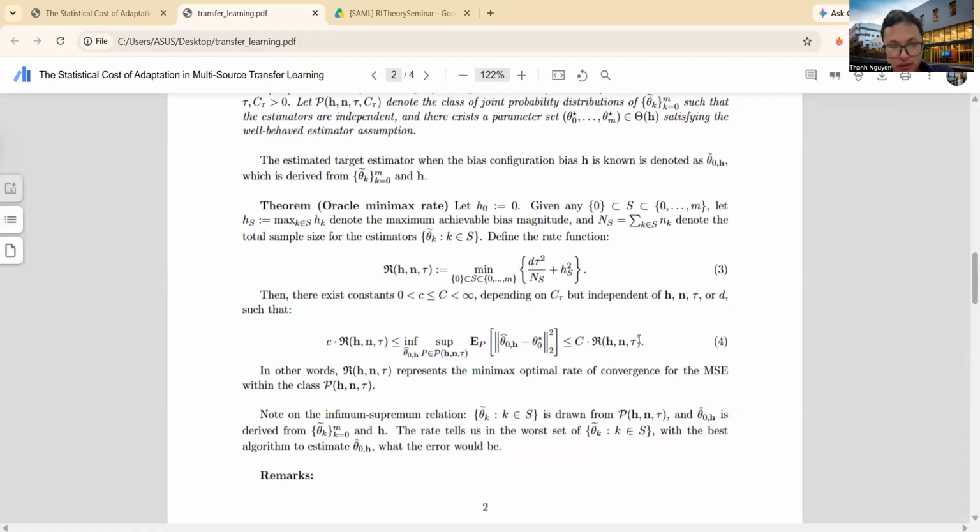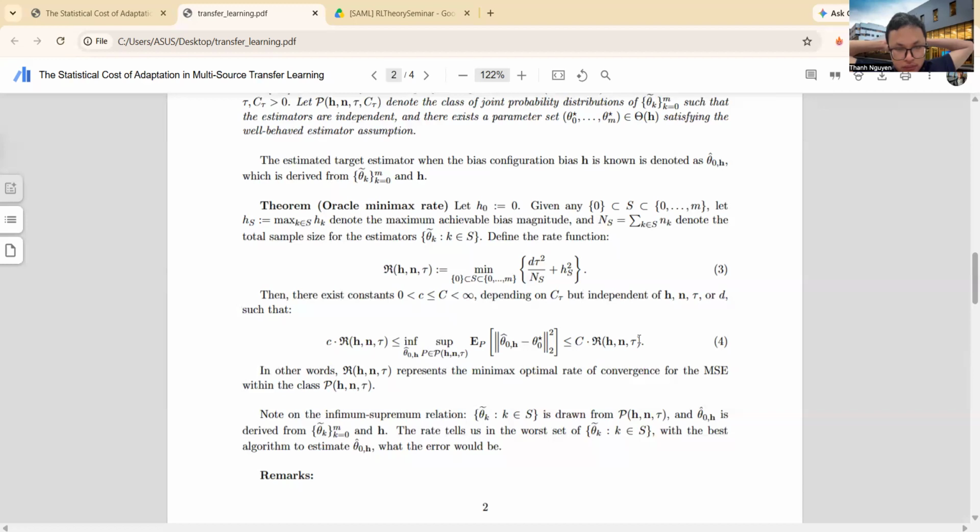That's the story. And in some examples or specific configurations later, the key point is to choose a subset of the source domains.